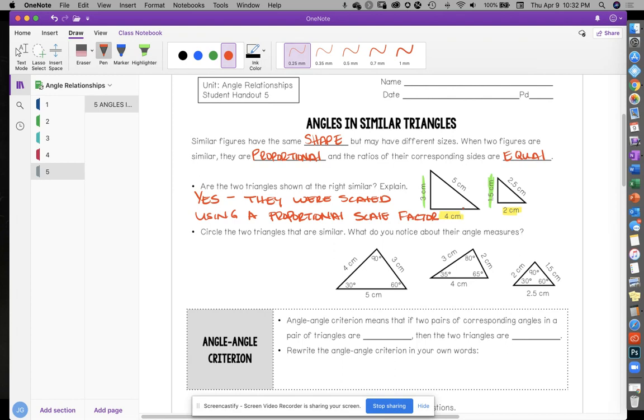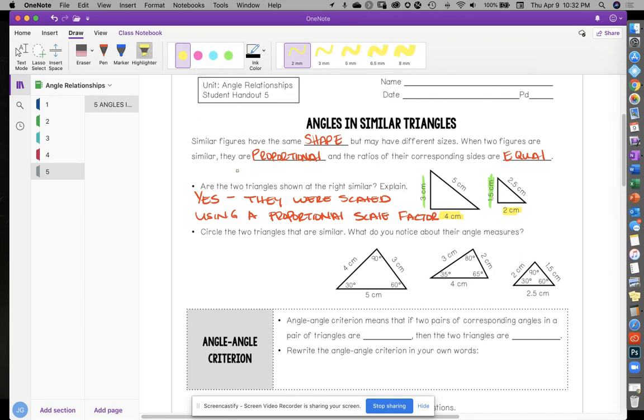Now circle the two triangles that are similar. What do you notice? Well, first of all, they're all triangles, yes, but you can clearly see that one of them has something identical with another, and then the other one does not. So look at them very quickly because you don't really even need to do any math here.